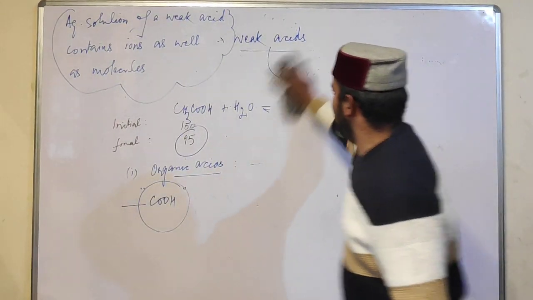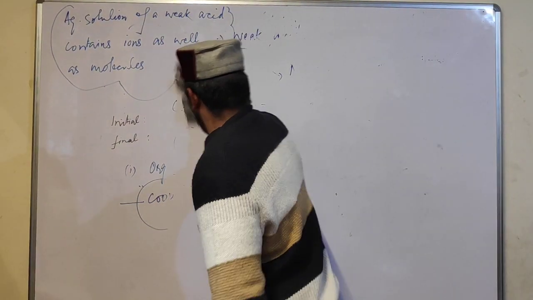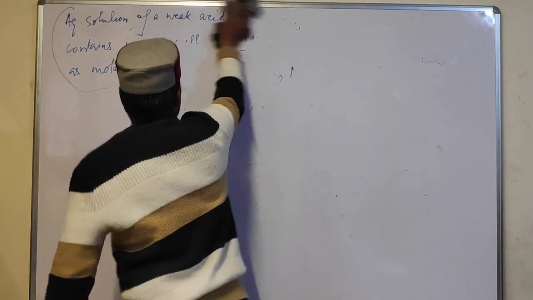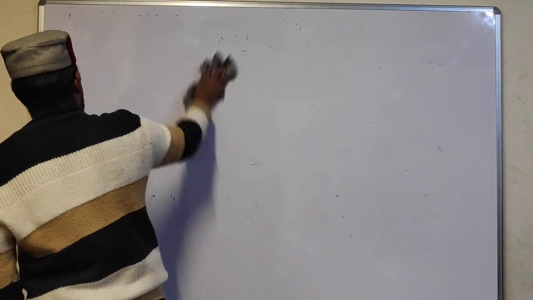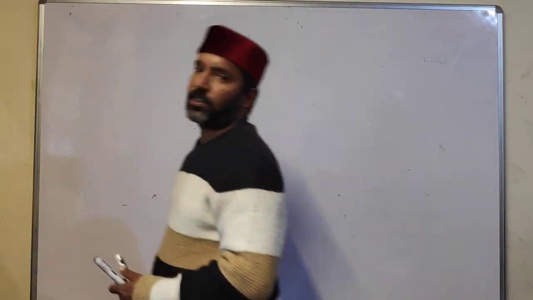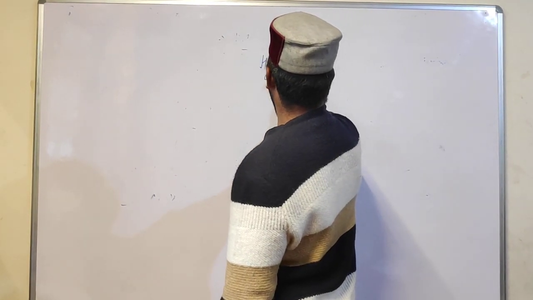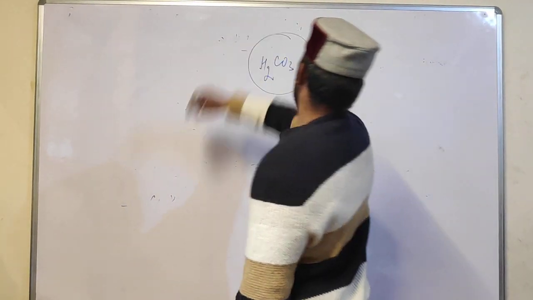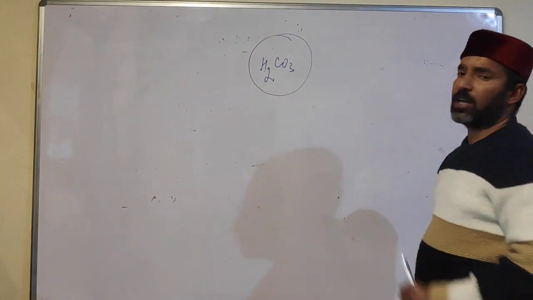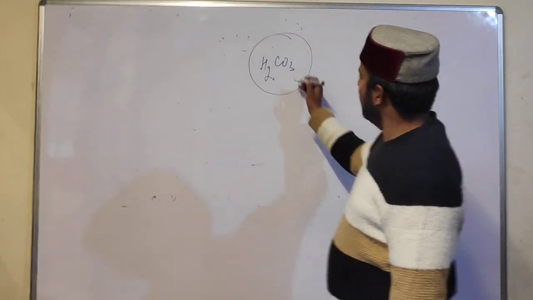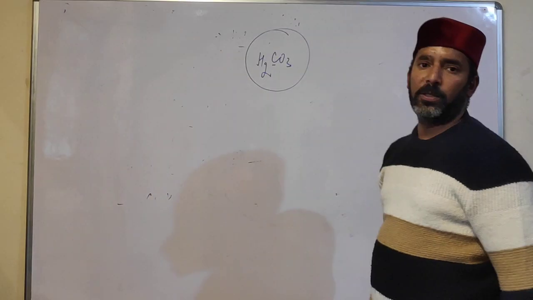So this is about organic acid, students. Now one important thing is that carbonic acid, students, carbonic acid is H2CO3. Now students, जब हम इसका केमिकल फॉर्मूला देखते हैं, then we see that there is carbon.